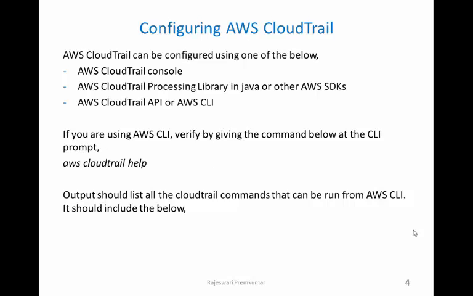Then we go to how to configure the AWS CloudTrail. The CloudTrail can be configured in many ways. One, using the CloudTrail console, which is through the AWS management console, and from there you go to the CloudTrail console. Then using the AWS SDKs, we have this CloudTrail processing library, using which you can write programs in Java and configure the CloudTrail.